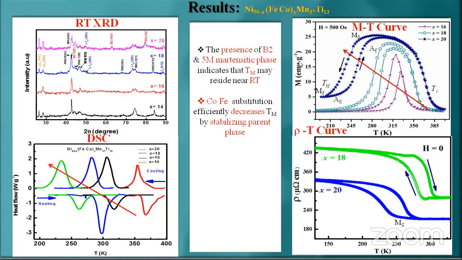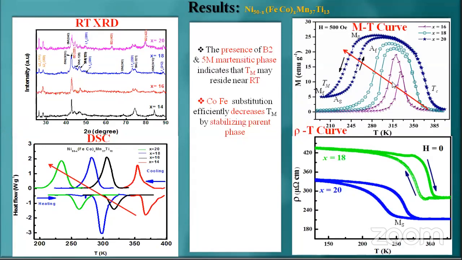Here I have shown the temperature dependent magnetization for all the samples under 500 Oersted magnetic field within the temperature region 80 Kelvin to 400 Kelvin. Here we have used two protocols, ZFC, zero field cooling, and field cooling.